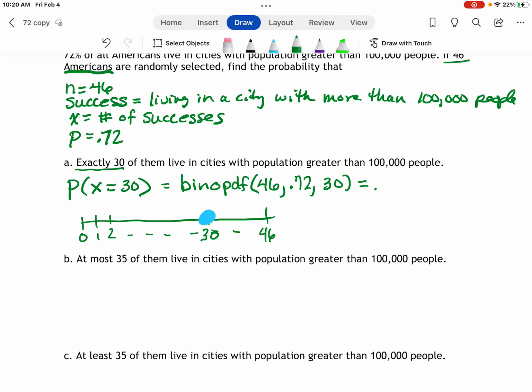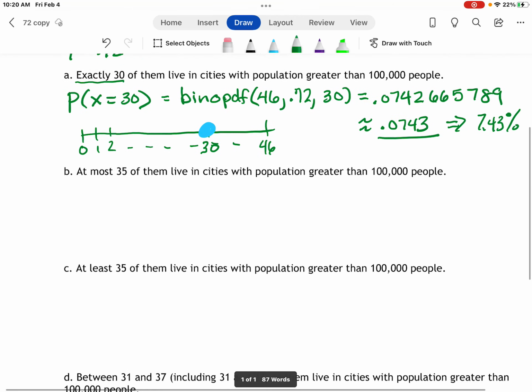When you put that in on your calculator, you should get 0.0742665789. Now, if we round it to 4 decimal places, which is usually what you want to do in these situations, we have 0.0743. If we write it as a percent, it would be 7.43%.